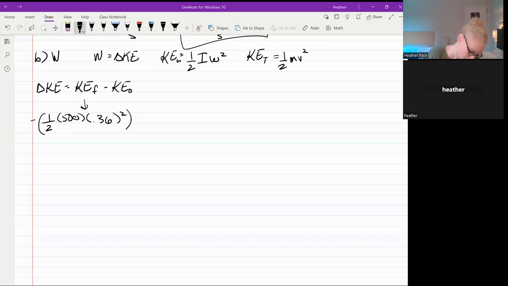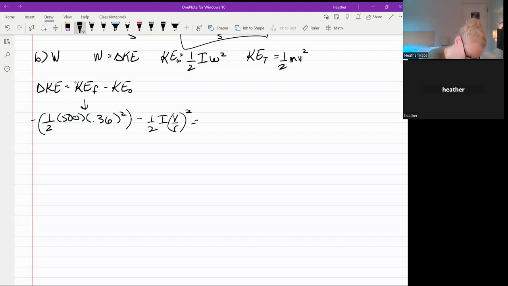What is this? So it is 1/2 I omega squared, and omega squared is V over R squared.